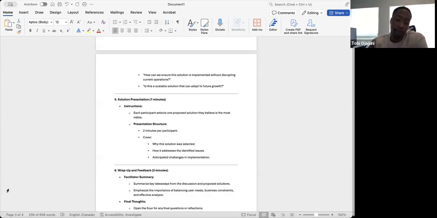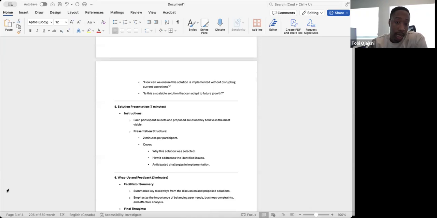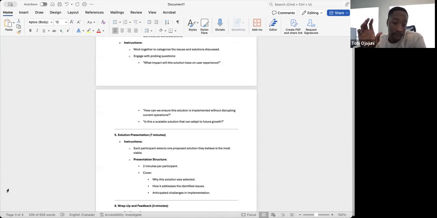So from what you discussed, I want you each to pick one, since there are three. From the problem that arose, which proposed solution do you believe is the most viable? Which one makes the most sense? Also consider which one will not take long to implement, in the aspect that you won't have to do so much work.